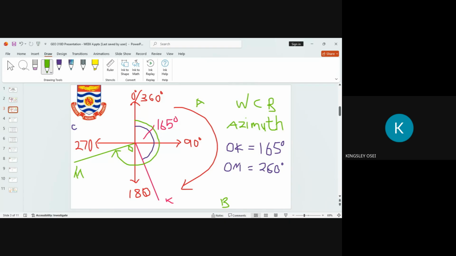So you see clearly how the 260 and then 165 emanated in the diagram or sketch.